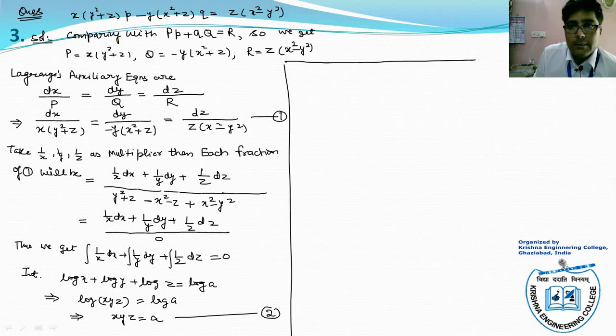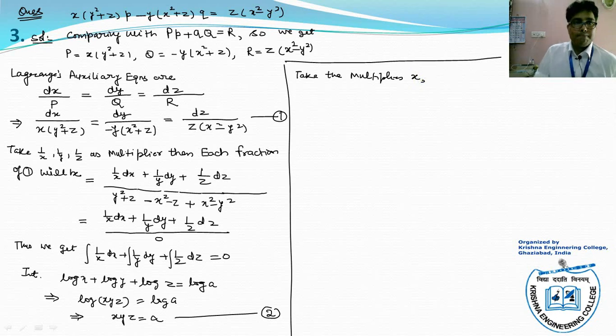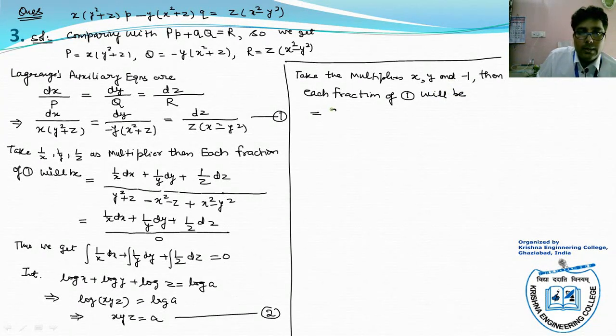For this again we take the multiplier x, y and minus 1, then each fraction of first will be: take x, y and minus 1 as multiplier.